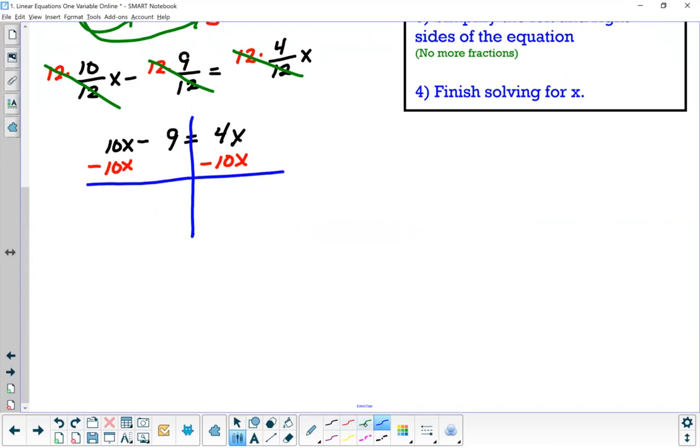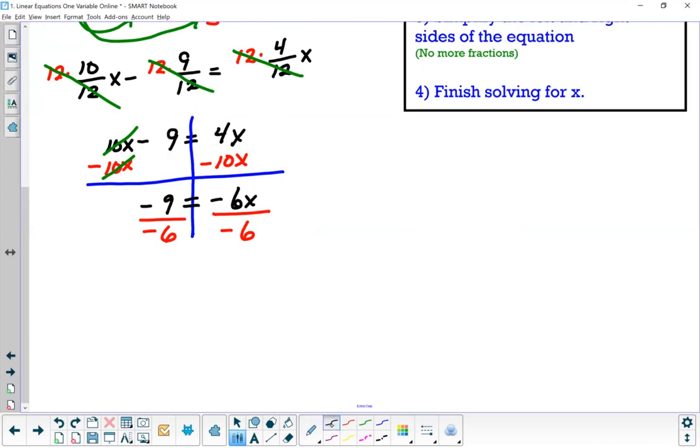So 10x minus 10x is 0. Bring down the minus 9 equal to 4x minus 10x gives me negative 6x. Okay, we're going to end with dividing both sides by negative 6.